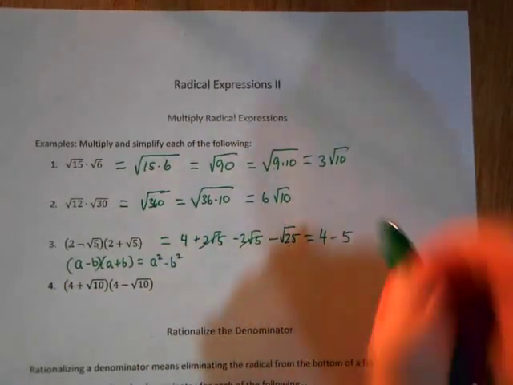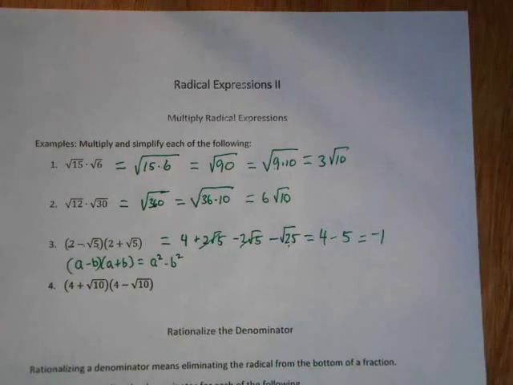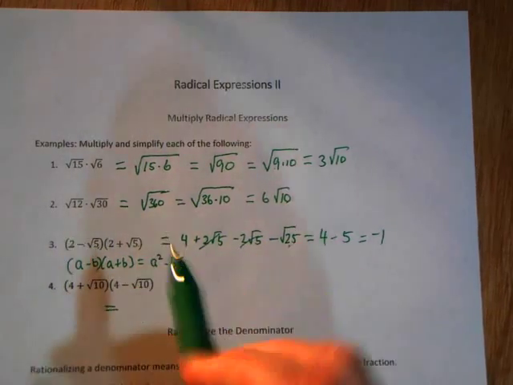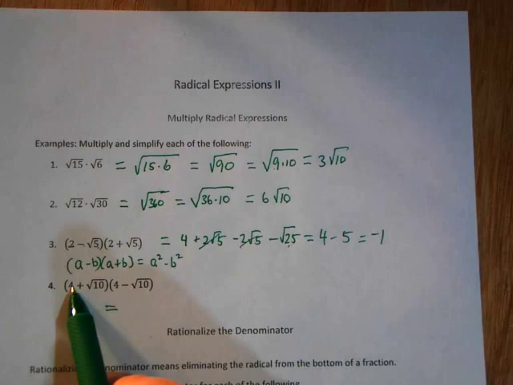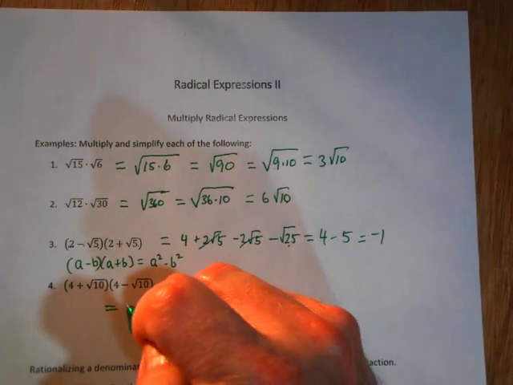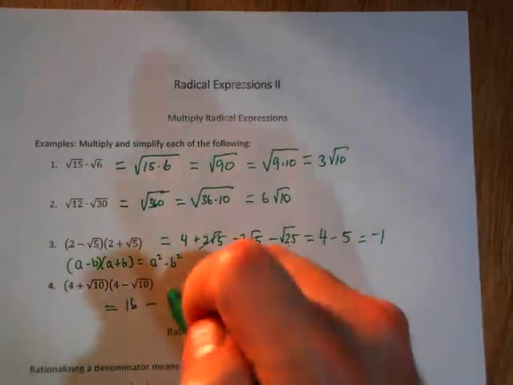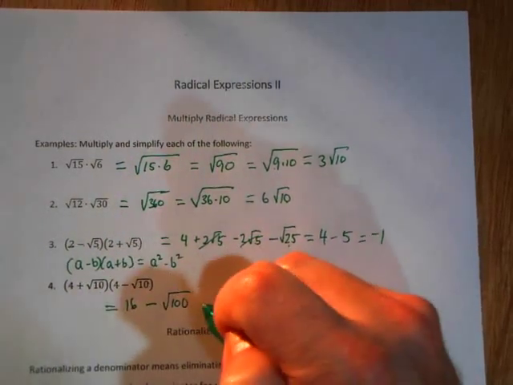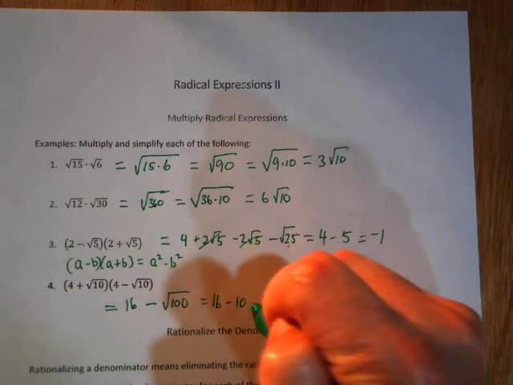Minus 5, since square root of 25 is a nice number. That's minus 1. Alright, using that same principle here to multiply these two, all I really have to do is multiply the fronts. 4 times 4 is 16, minus square root of 10 times 10, which is 100. That's 16 minus 10, which is 6.